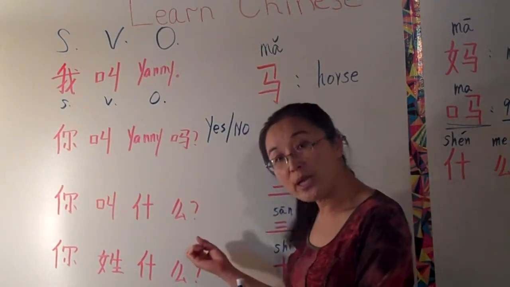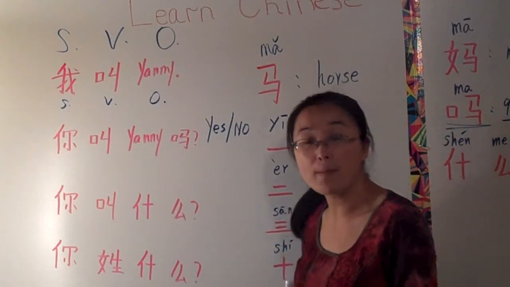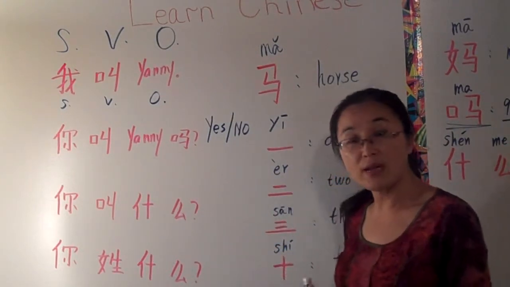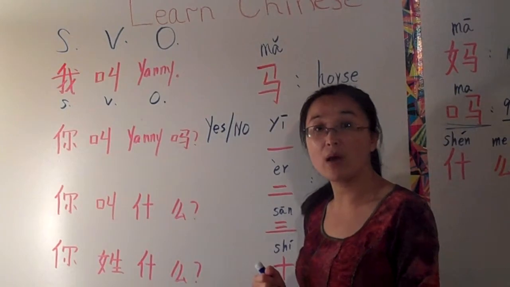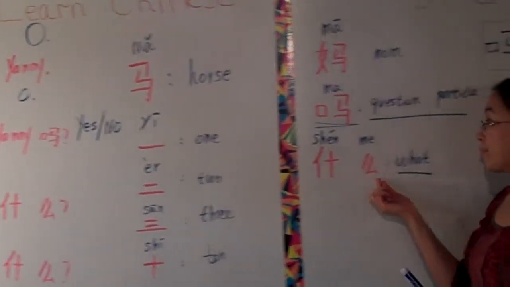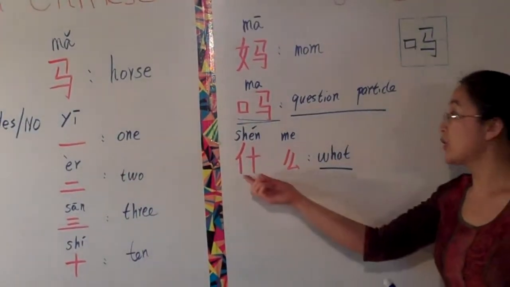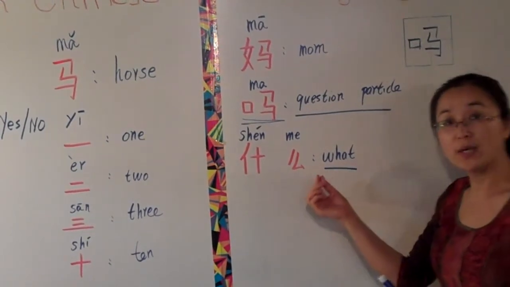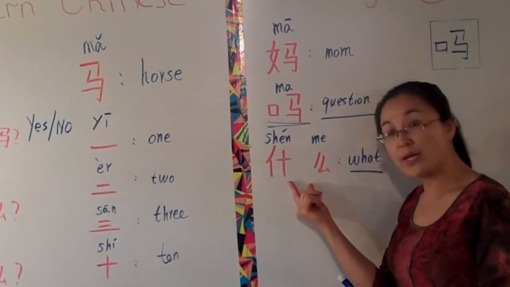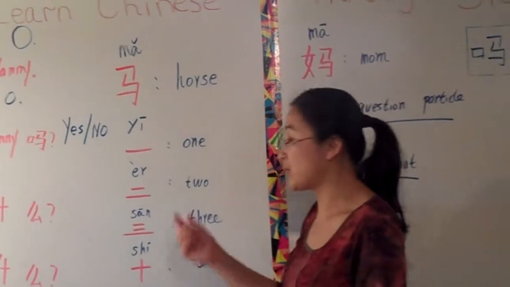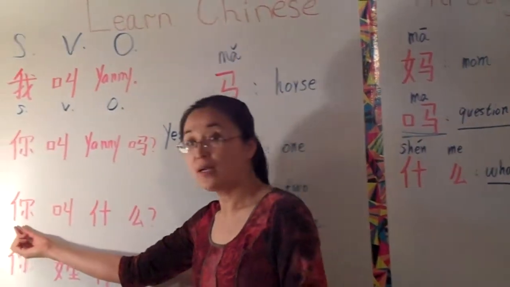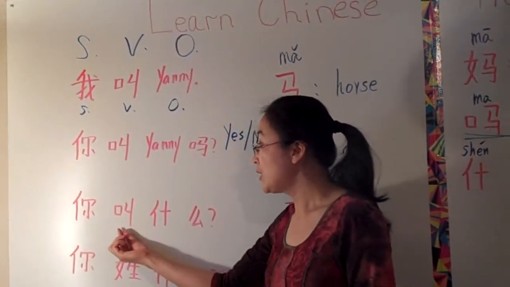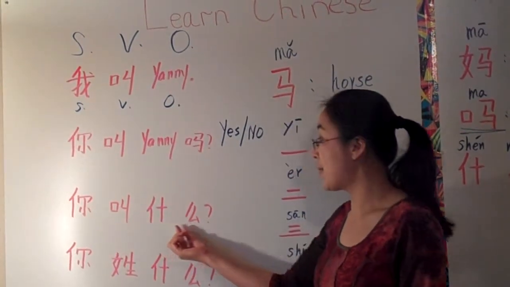Okay, now we can also tell people it's a question by using question pronouns. Today we learned a question pronoun, 什么, which means what. Okay, now let's use this question pronoun to make questions. 你叫什么?